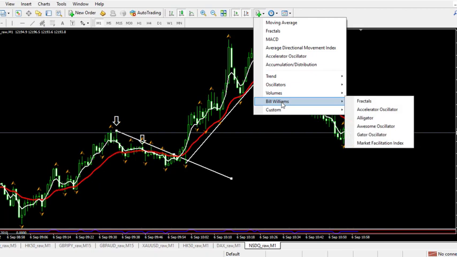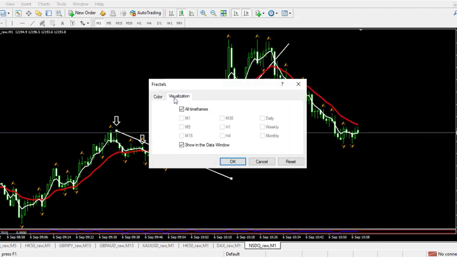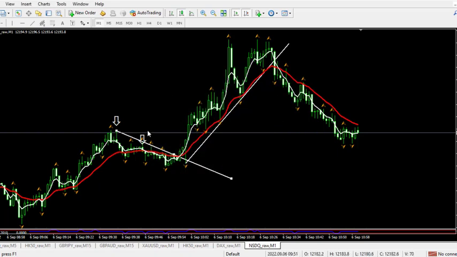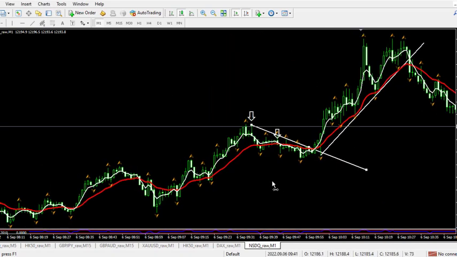Then we have it under the Bill Williams drop down. Under this menu we have fractals. Just click on it. You don't need any setting except if you want to change the color. Once you do that, just click OK, and you will have everything on the chart, same thing as this.